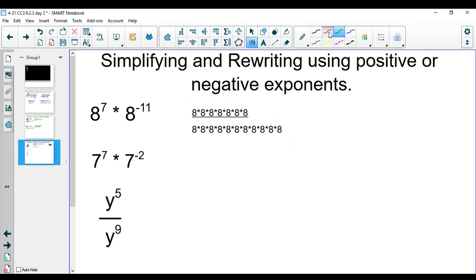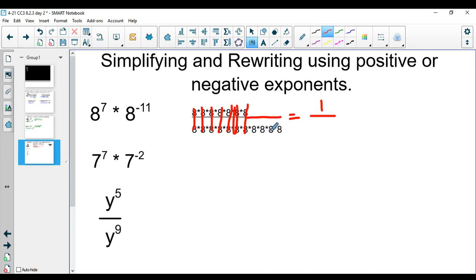Cancel out your giant ones. Okay, we still have a factor of 1 in the numerator. All these 1 times 1 times 1 times 1 times 1 times 1 times 1 times 1, that remains as a factor of 1 in our numerator.